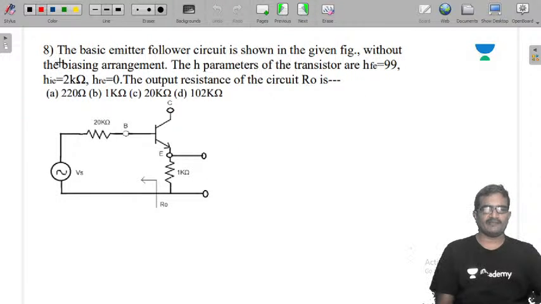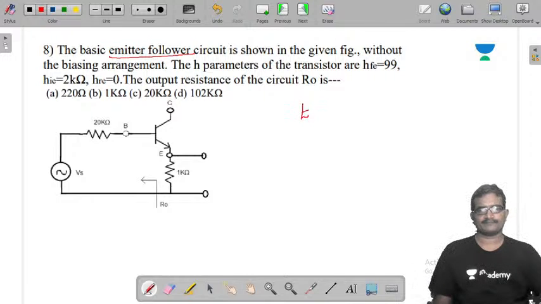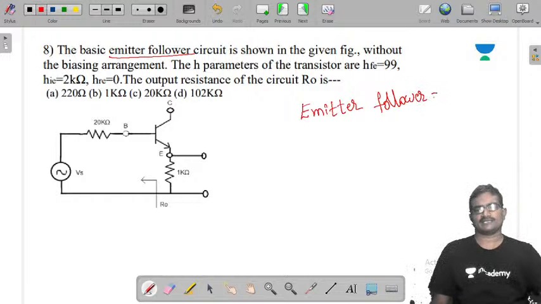The basic emitter follower. The emitter follower is nothing but a CC amplifier, a common collector amplifier.